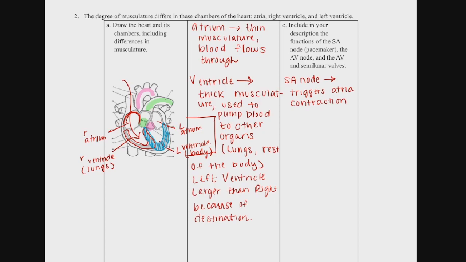The signal that is sent for that contraction is delayed at the AV node, which allows the atria to empty before the ventricles are signaled. So that delay is what helps the ventricle first get full and then pump.